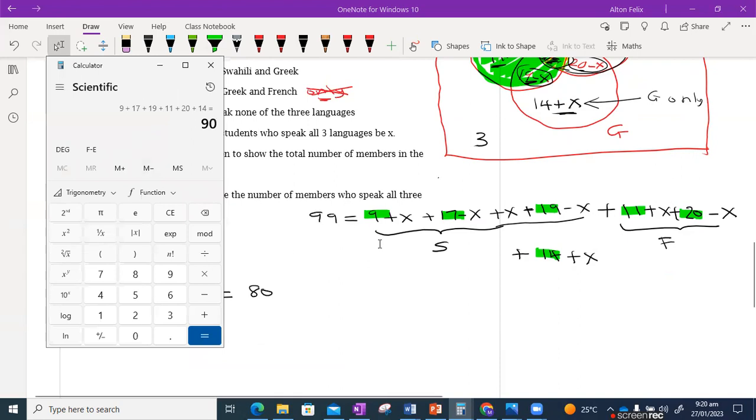Let's go again. 9 plus 17 plus 19 plus 11 plus 20 plus 14.